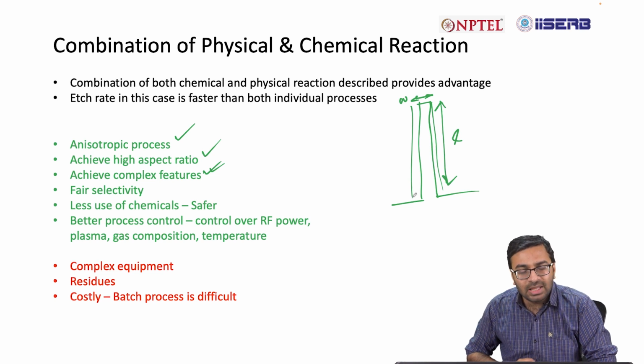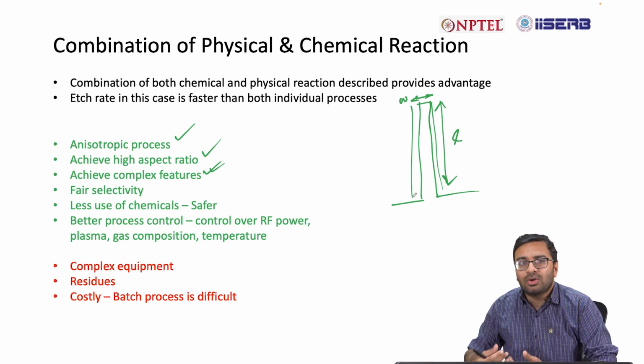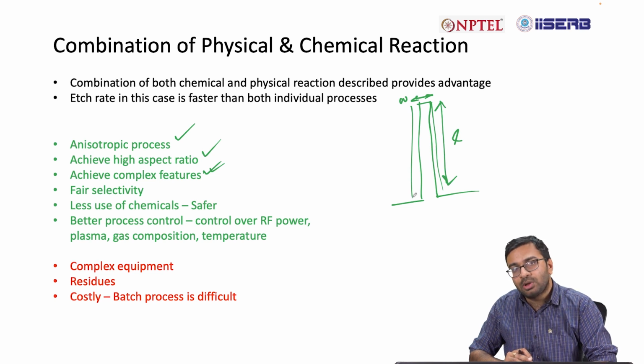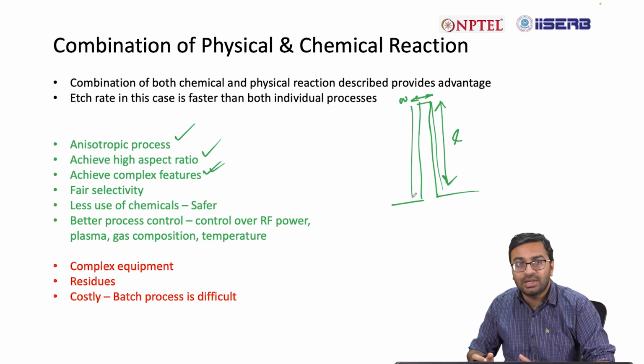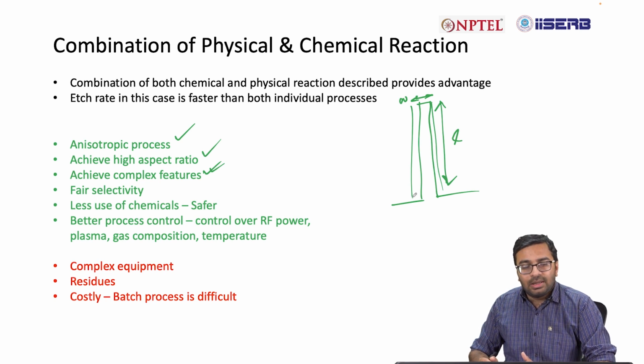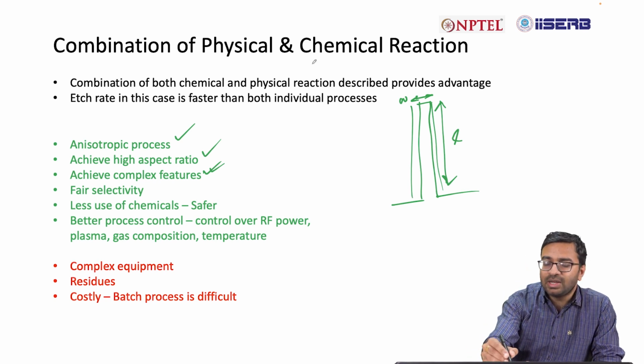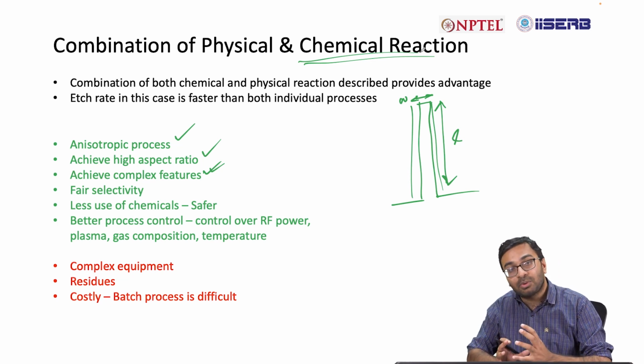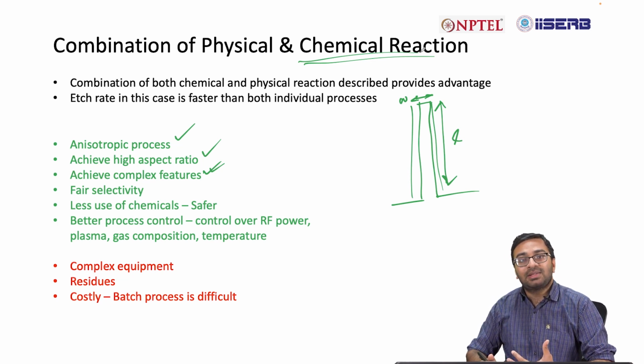The selectivity is not very high, but it's fair. We have already discussed that because the sputtering process is involved in this case, the sputtering process is also removing materials from, say, the mask or substrate. However, in certain cases you can use a passivation layer, or even if the sputtering process is there, because of the chemical reaction present in the plasma, this makes the selectivity towards the thin film much higher than that of the other materials.